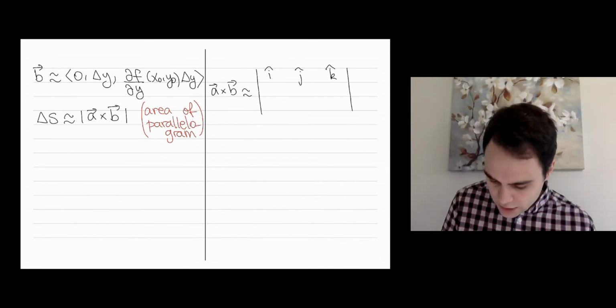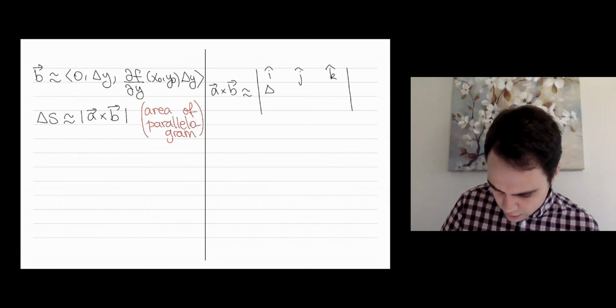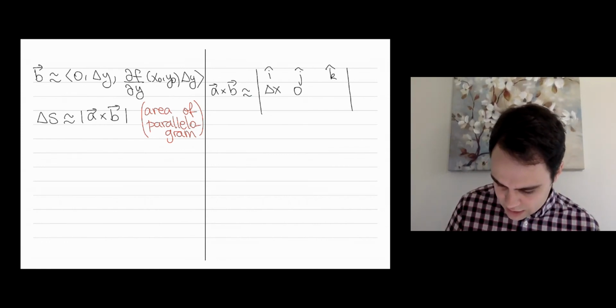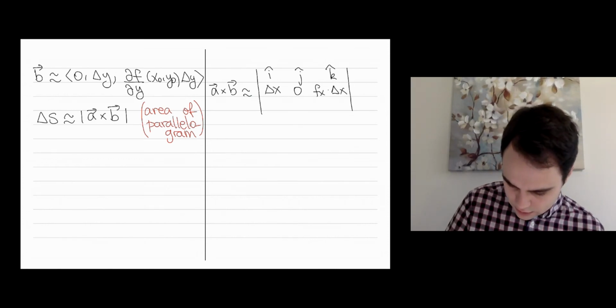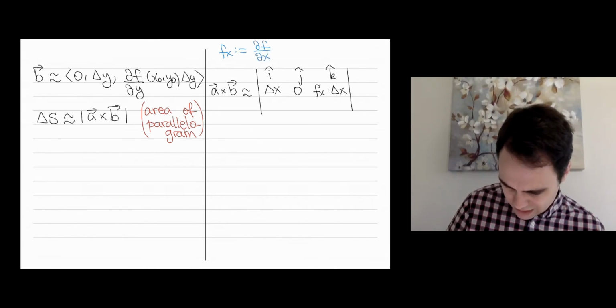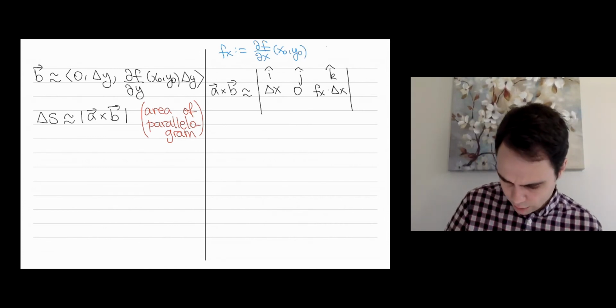Now in the second row, let me just put the approximate value we found for A in the previous page. So that was delta x, 0, and the x partial times delta x, right? So f sub x is just the x partial, and even here I'm omitting the point where I'm evaluating the expression. F sub y is the y partial.